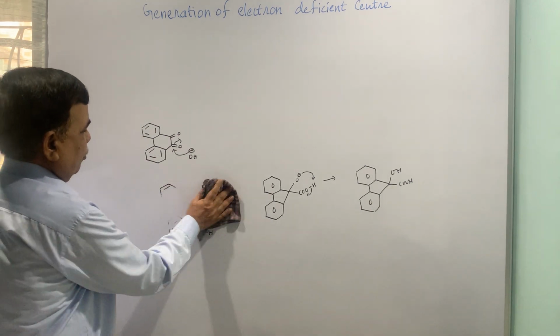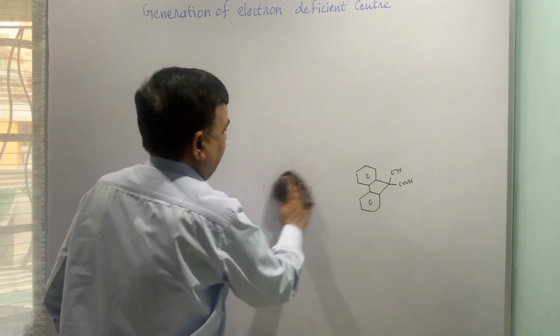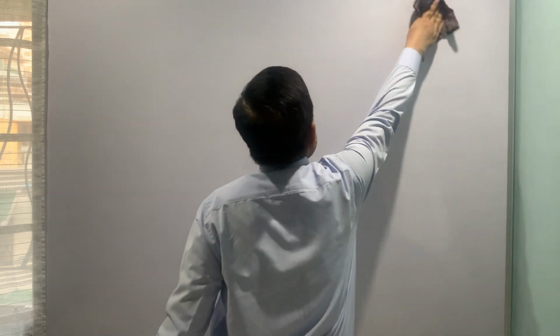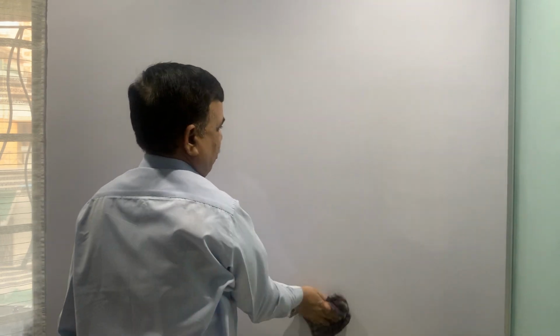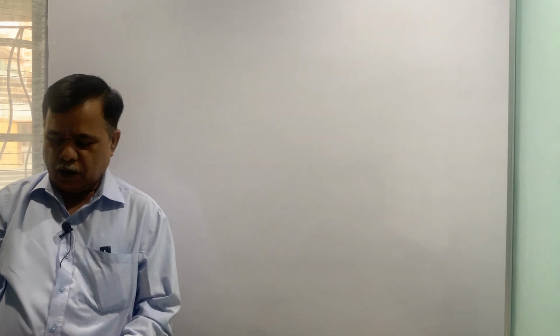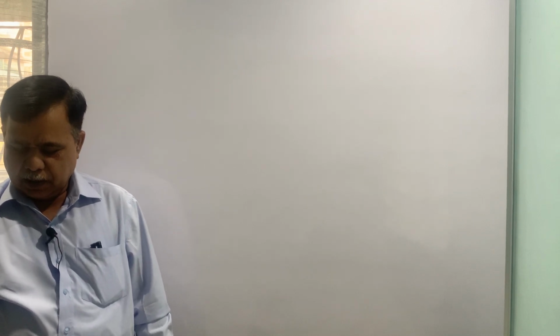Okay. You try to solve those 5 examples, and next time we'll do a few more examples, and then we'll also start with the electron deficient nitrogen, the name reactions which are there, the Curtius, Lossen, Hofmann, Beckmann, Schmidt and so on.